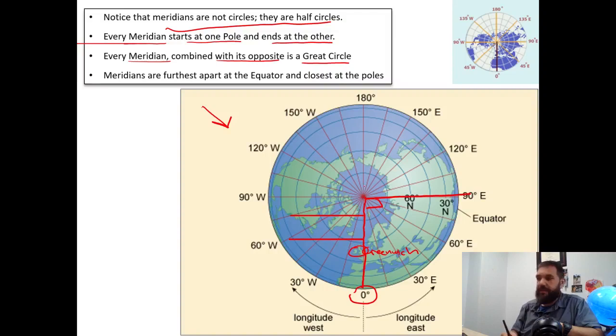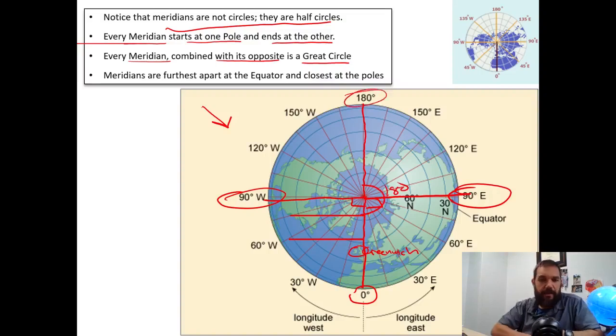We actually have two lines that make a 90-degree angle with that, okay? One that goes to the east, and that becomes 90 degrees east, and another that goes to the west, that's 90 degrees west. Notice we have also another one that goes like this, okay? These are all on number 2, and this is a 180-degree angle, and therefore back here this is 180 degrees.